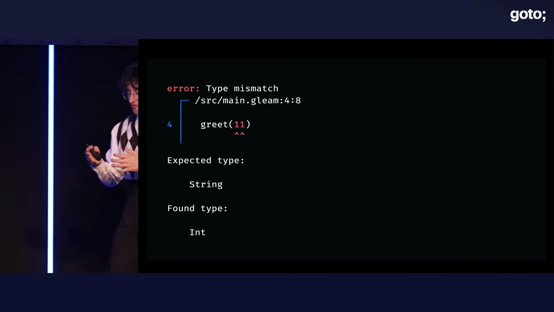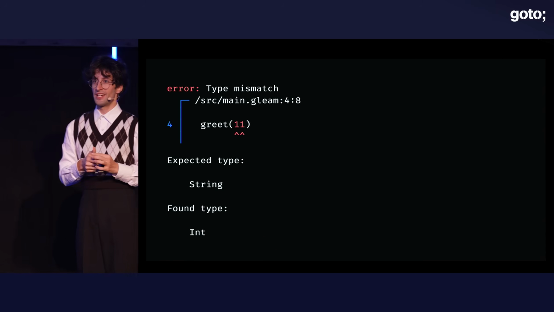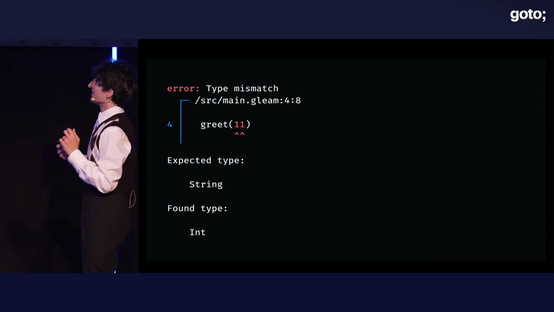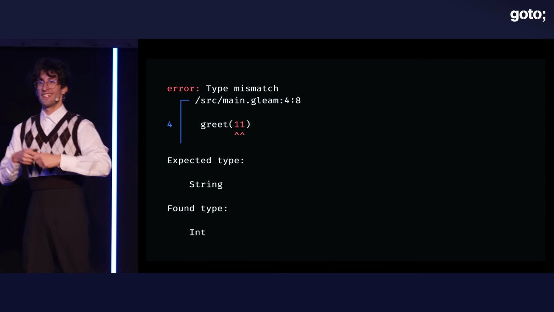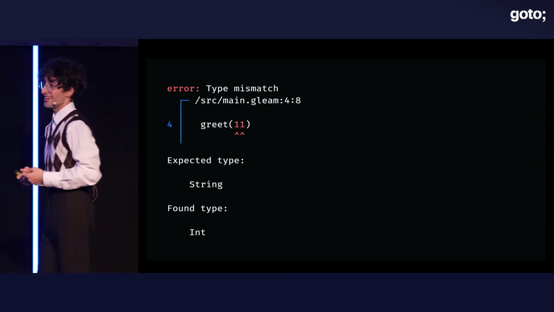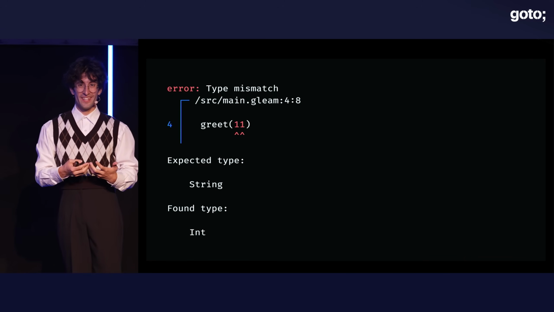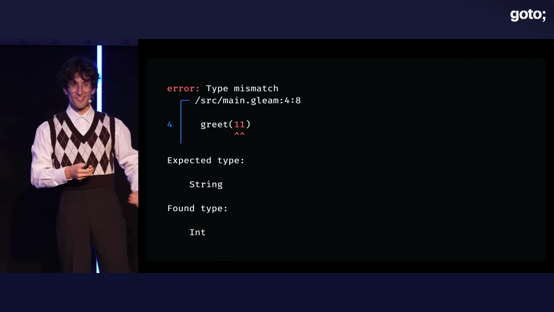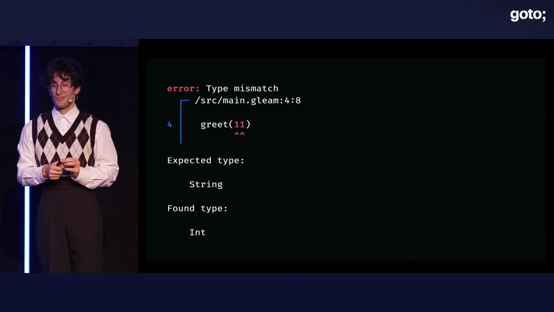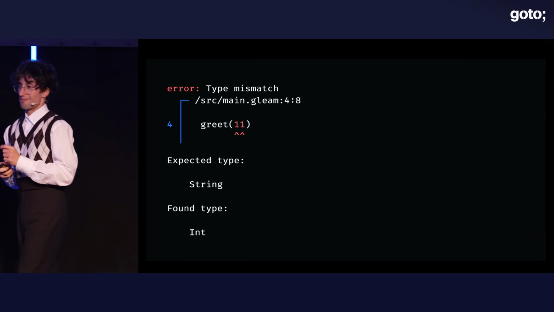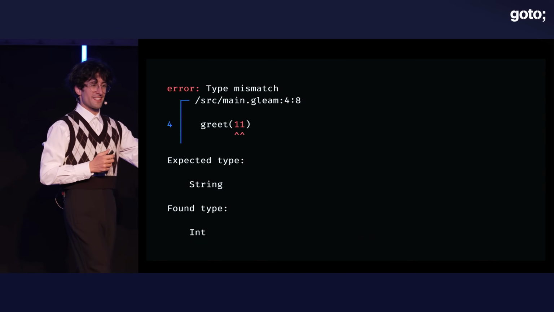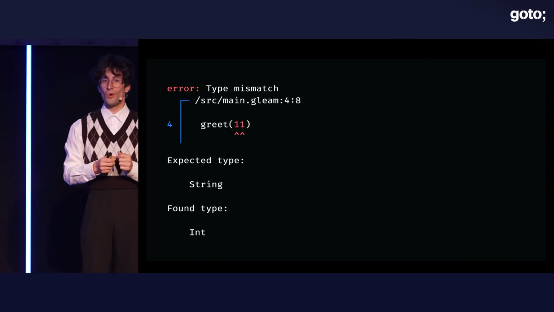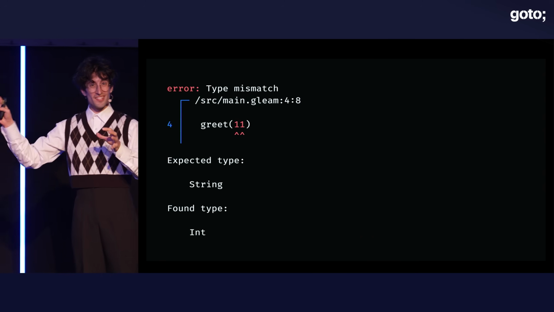And this is the first error message I'll be showing you today, and hopefully you'll enjoy how straight to the point, but also clear and explicative Gleam's error messages are. That's how the compiler can feel like someone who's friendly and not someone who's there to scold us for making mistakes. And the nice thing is also, it's not only telling us that something is wrong, it's also telling us, well, I was expecting something else, and it's going to tell us.